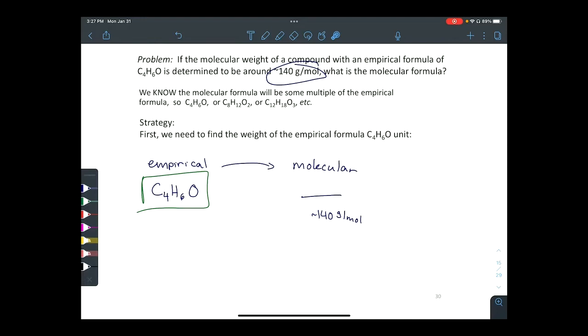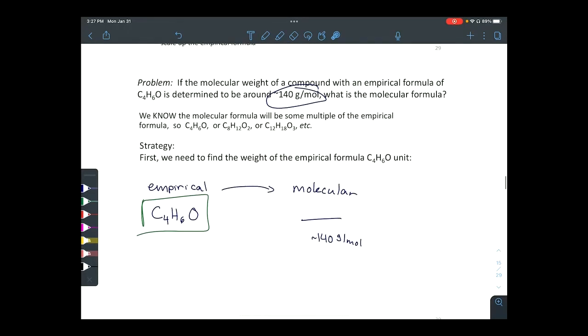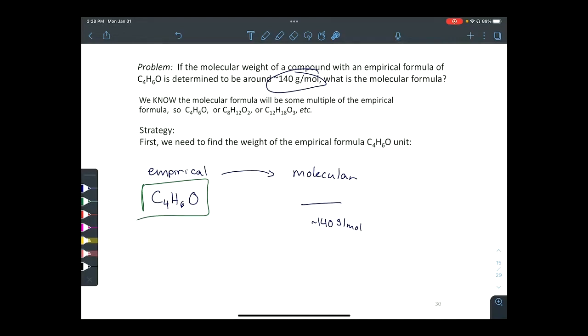That's the weight of the full molecule. The empirical formula is C4H6O. So we have the two bits of information we need. We have the empirical, we have the molar mass. All right, and it says, what's the molecular formula?